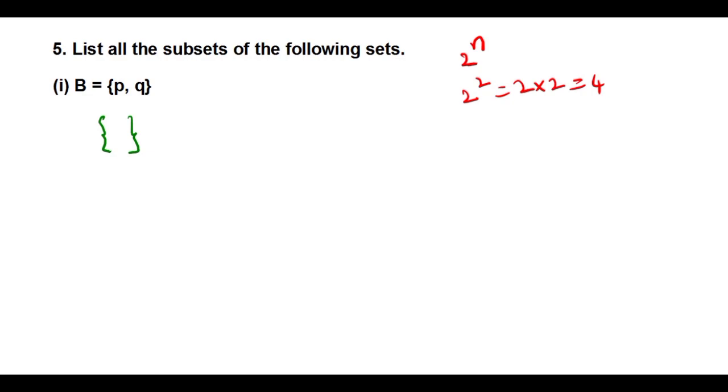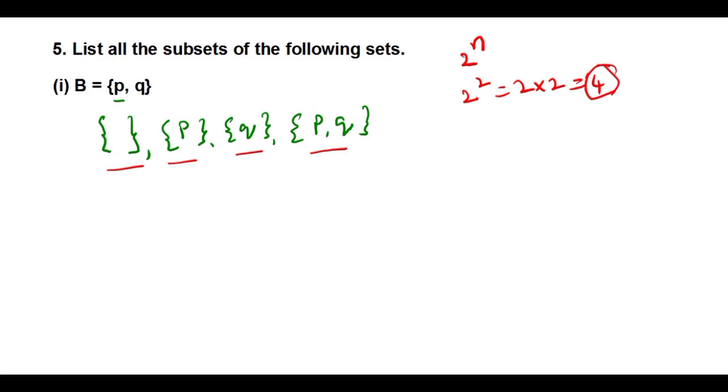Okay. So after the null set, the first element I am taking is P, the second element I am taking is Q, and with the 2 elements I am taking P comma Q. Now you can count how many subsets are there: 1, 2, 3, 4 subsets. That's what I said here: there are 2 elements, 2 power 2, 4 subsets we get.